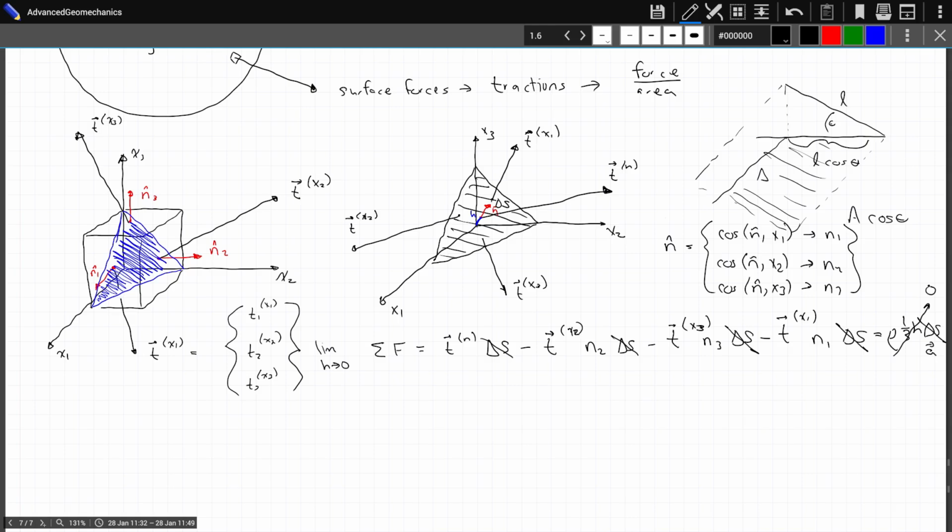So then, rearranging the equation, I have t of n is equal to t of x1 n1 plus t of x2 n2 plus t of x3 n3.